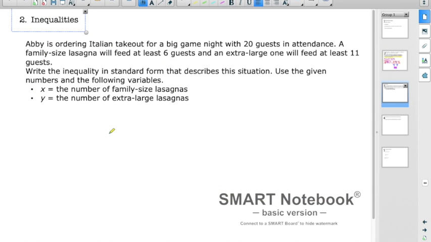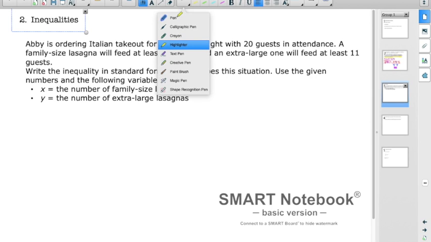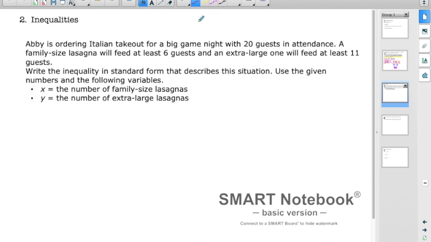Here we have inequalities, okay? Inequalities are the symbols that look like equal signs, but they're not quite the same, right? You have these symbols, less than, greater than, or you have less than or equal to, or greater than or equal to.